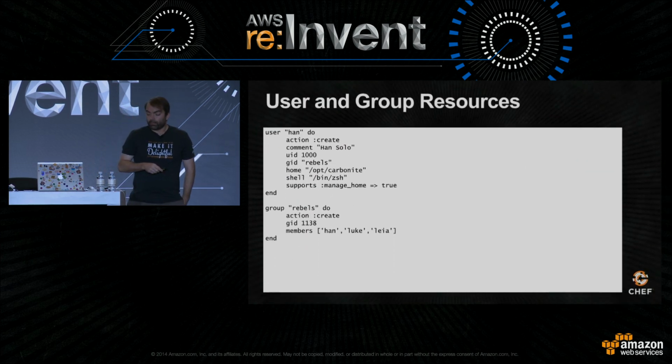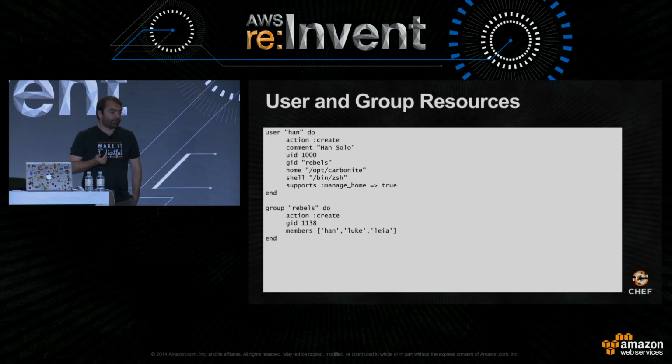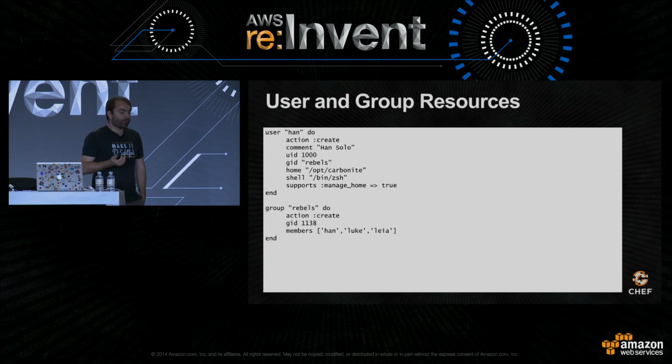By default, Chef has some nice resources that allow you to manage users and groups, right? So there is a user resource. I can create Han. I'm going to put him in the group Rebels, and his home is Carbonite. And he's a hipster, so he uses Z Shell. And then we have the group Rebels, and we're going to put Han, Luke, and Leia in there, right? So we can manage these, and this is cool. This works fairly well.